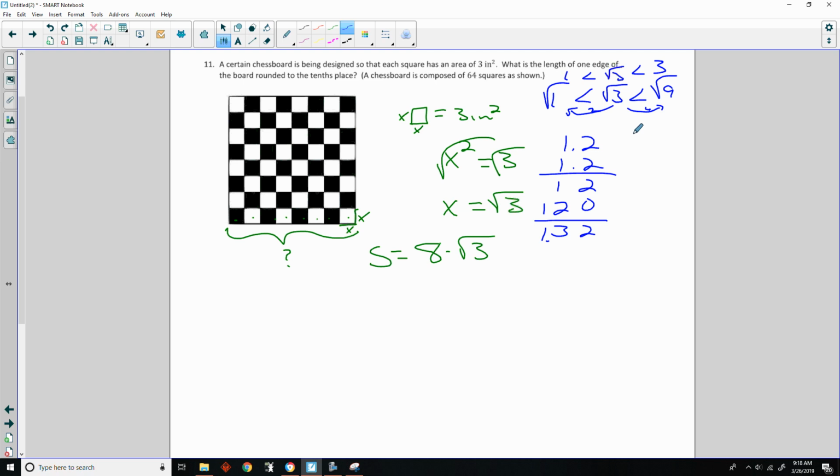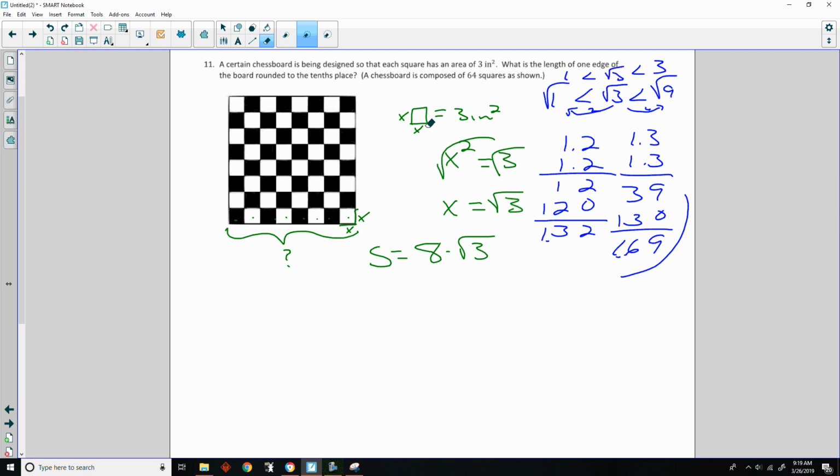And then I'll do 1.3 squared, which is 1.69. So these are both less than 3, 1.2 and 1.3. So we're way to the left, too far. So let's try larger numbers.